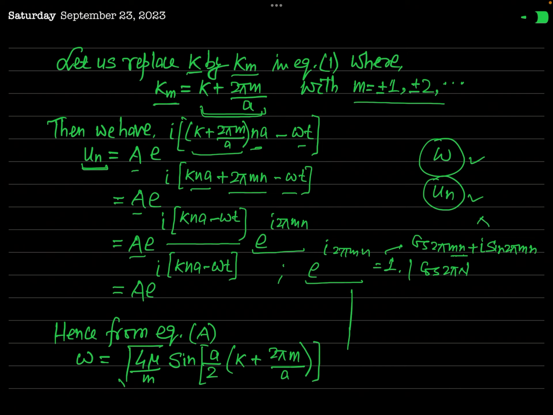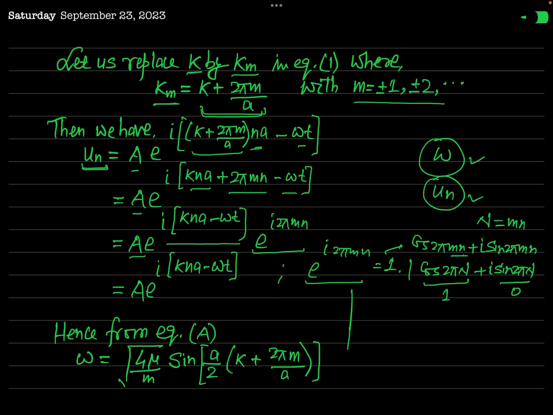We have assumed that this N is equal to mn, and plus i sine 2 pi N. But you know sine 2 pi N is equal to 0, and cos 2 pi N is equal to 1.